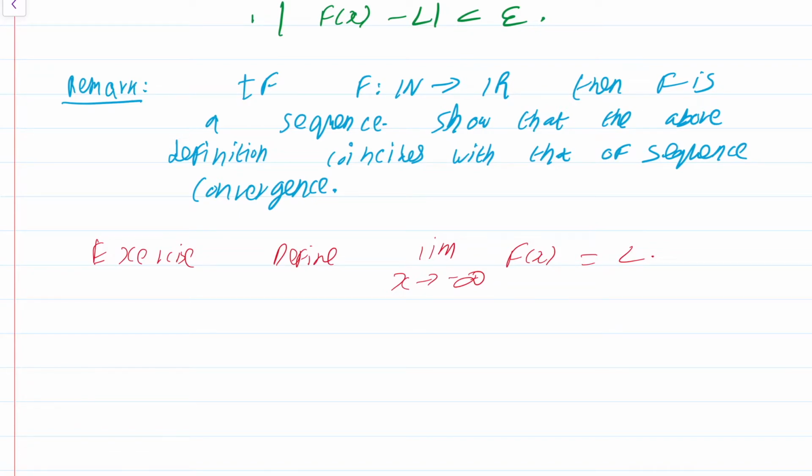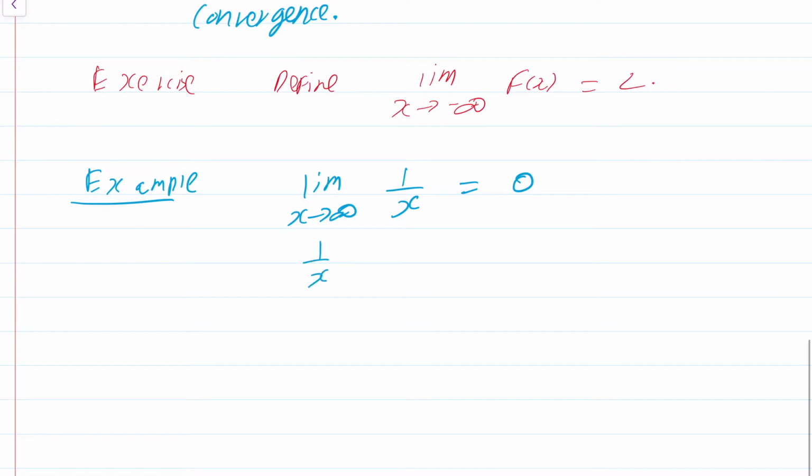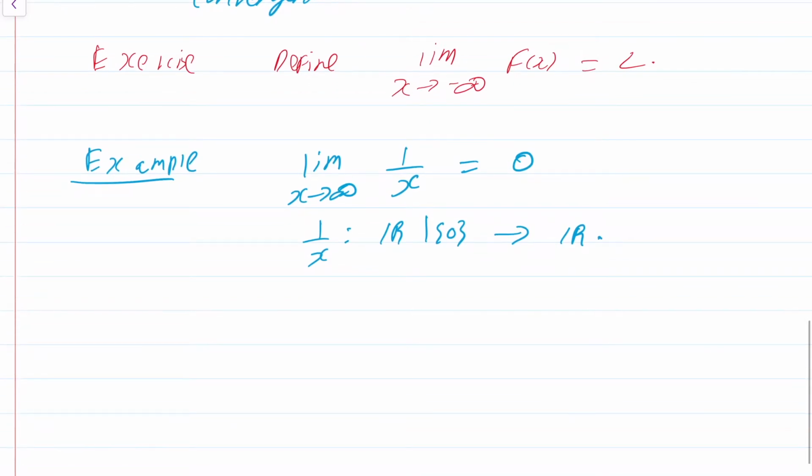Okay, so example. Limit x going to infinity of 1 by x is 0. Okay, so 1 by x is of course defined on R set minus 0 to R. How do you solve this?